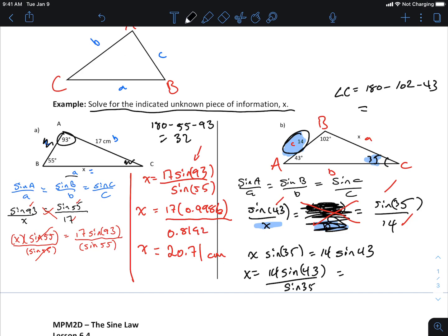Is that 145 or is that 14 sine 43? It'll be multiplied. Whatever the 2 numbers are there, Aiden. There you go. Okay, just like that.